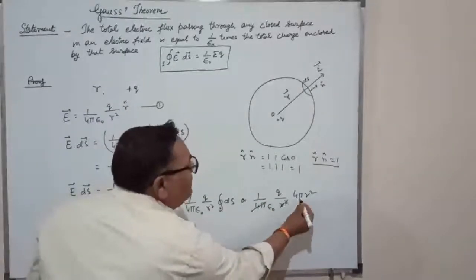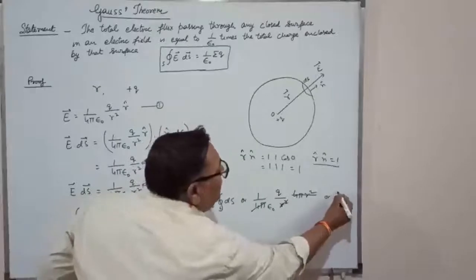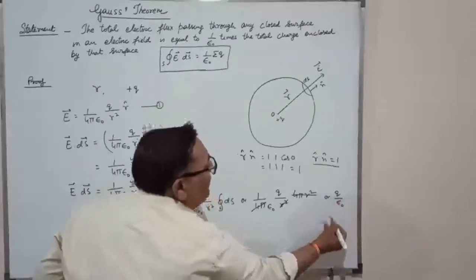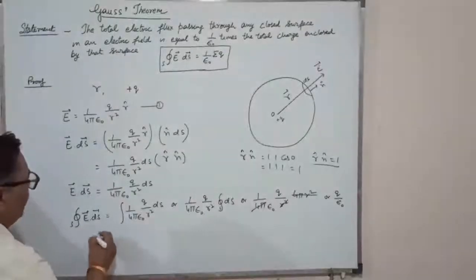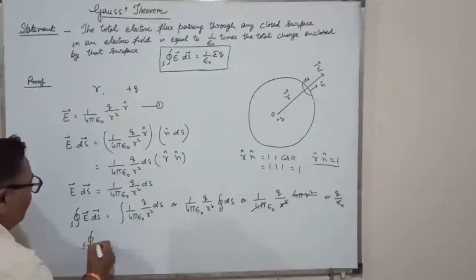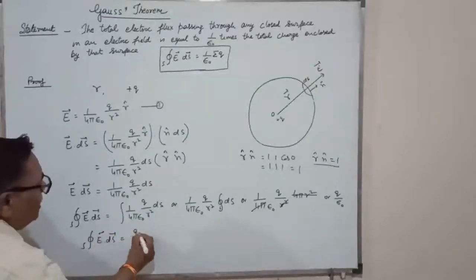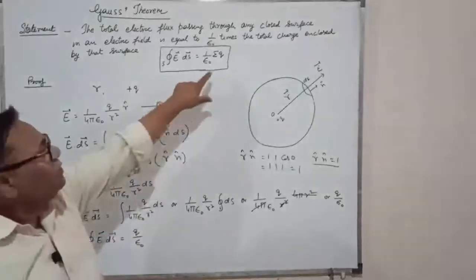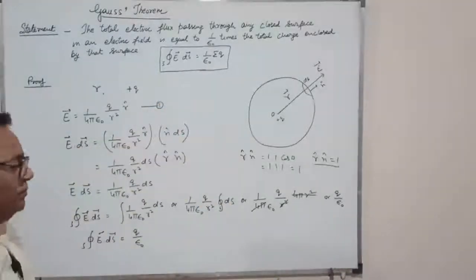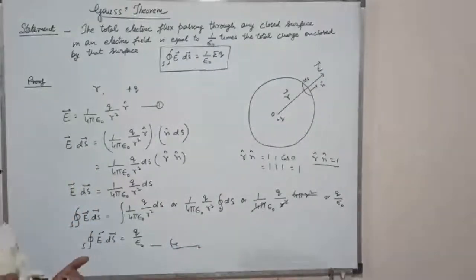The 4 pi r square is cancelled, or q upon epsilon 0. Clear? And this is closed integral E dot ds is equal to Q upon epsilon 0. This is the RHS of Gauss theorem. Therefore, hence proved. Gauss theorem is proved.